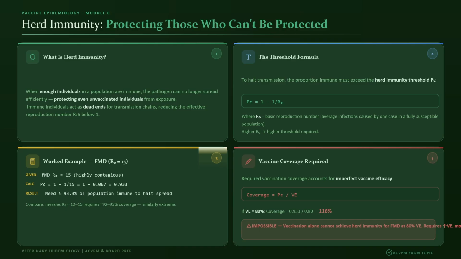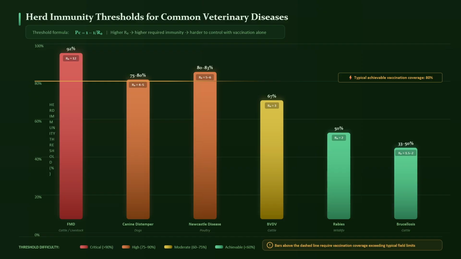The higher the R naught, the more transmissible the pathogen and the higher the proportion of the population you need to immunize. Let's look at some real numbers. FMD has an extremely high threshold, meaning you need to vaccinate the vast majority of susceptible animals in an area before you break transmission. That's why FMD outbreaks are so devastating and so difficult to contain with vaccination alone.